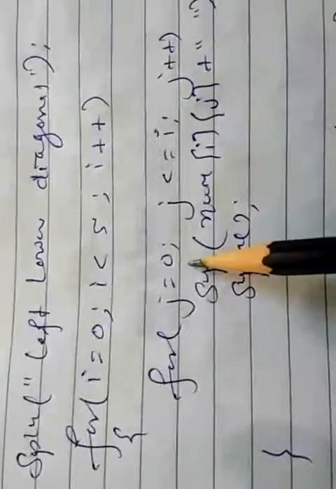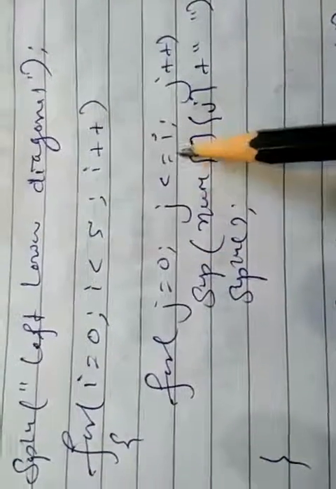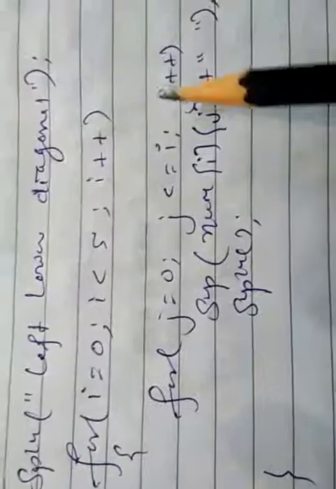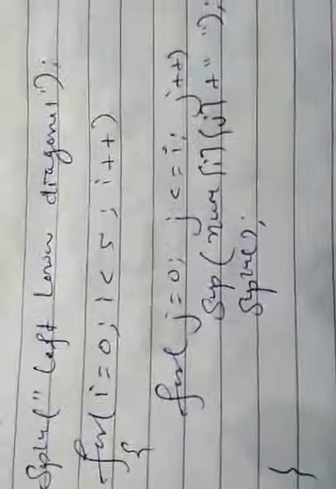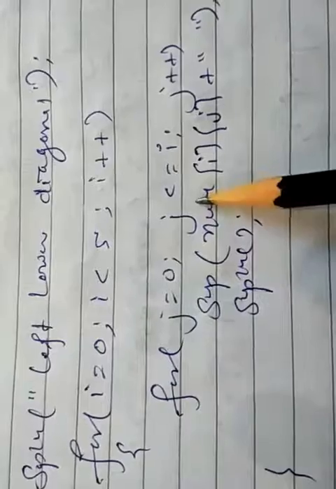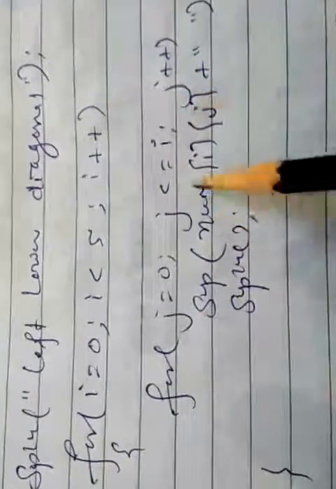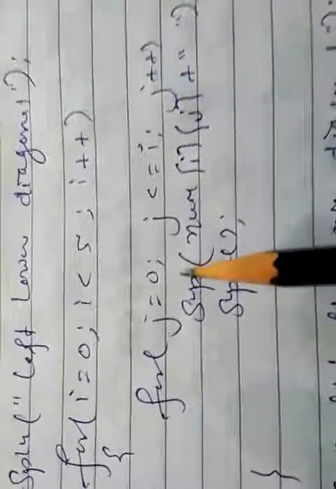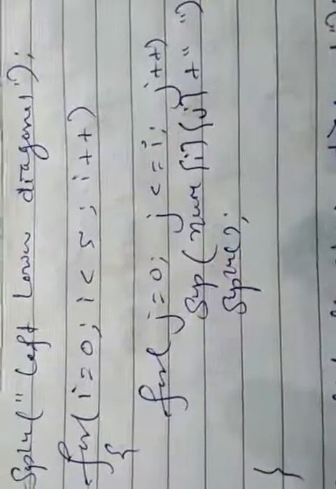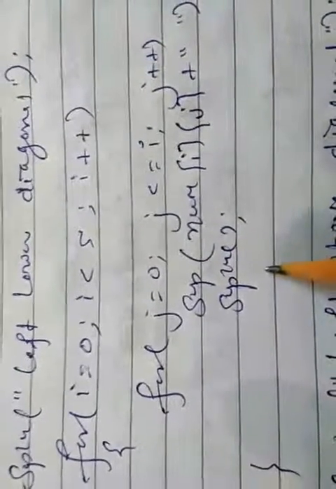So j will start from 0 and j equal to i, so this condition is true. So only one value will be printed. When j is incremented, j will be greater than i, so the next 4 values of the matrix will not print, and that will change the line.